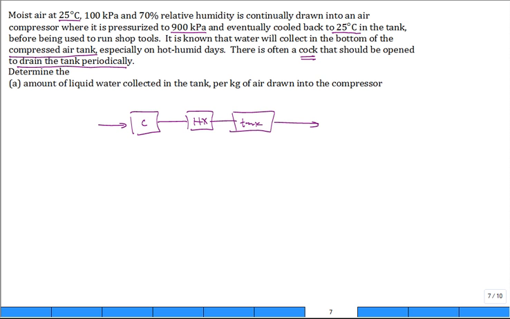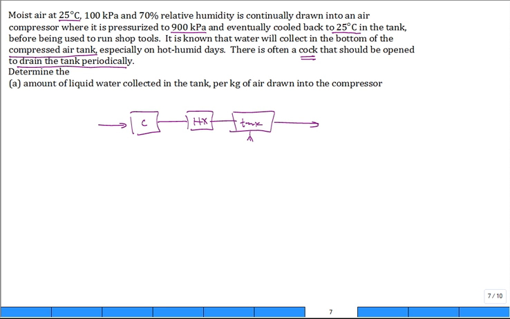They do have automated systems with a blowdown, and it'll just go psh, and then shut off. So it'll periodically do a little blowdown to try to keep the tank dry. But if you just own a compressor that doesn't have a blowdown, you'll have to open up this valve, and the first time you do it, especially on a hot, humid summer day, you're a little surprised. Where did all that water come from? It came out of the air.